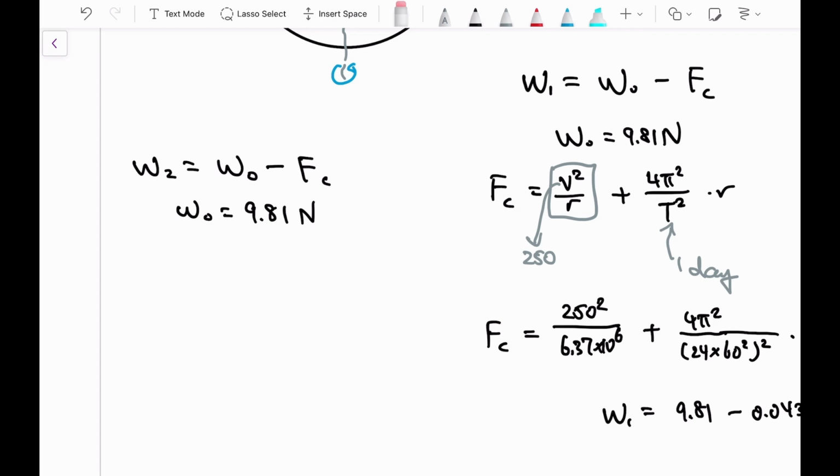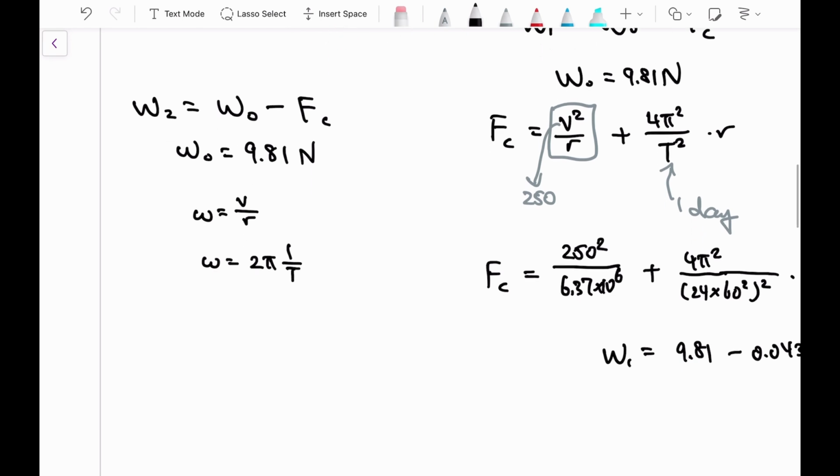Now, in order to resolve for VE, there's one concept: omega is equal to V over R. Actually, we have to utilize another equation. From this, omega is equal to 2 pi over T, T for the period. So we can plug it in and make V the subject.